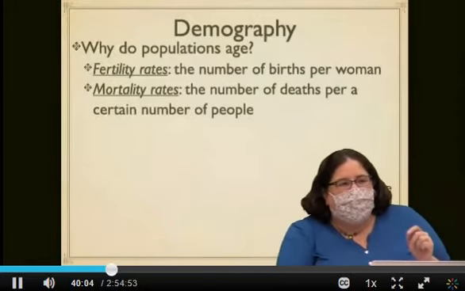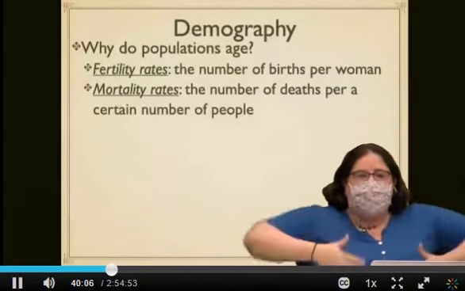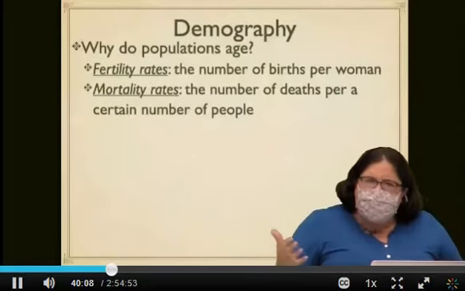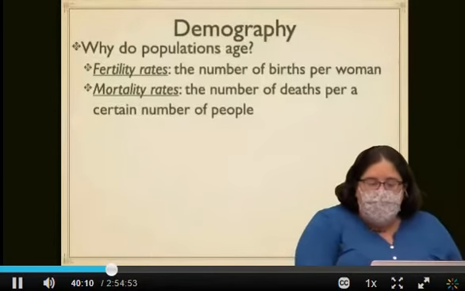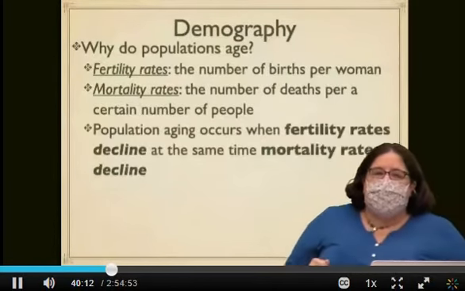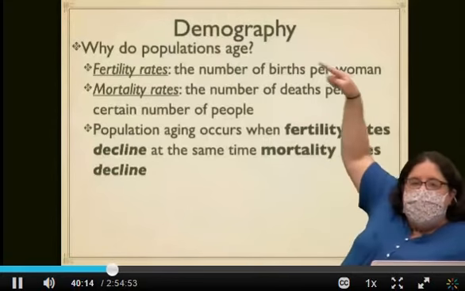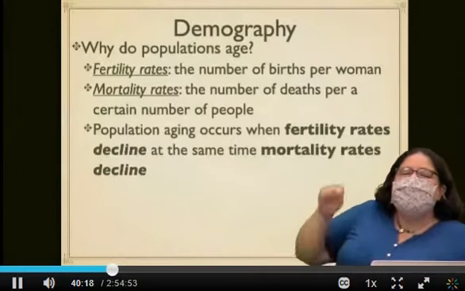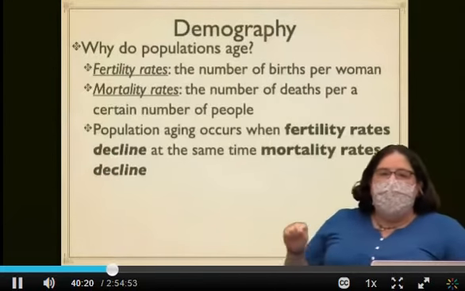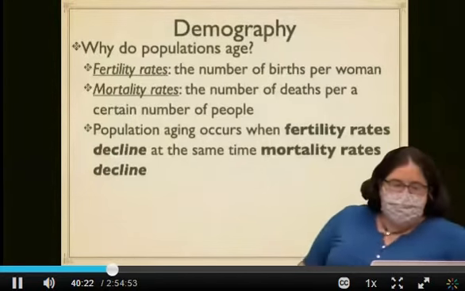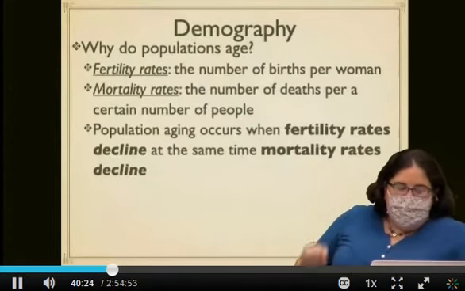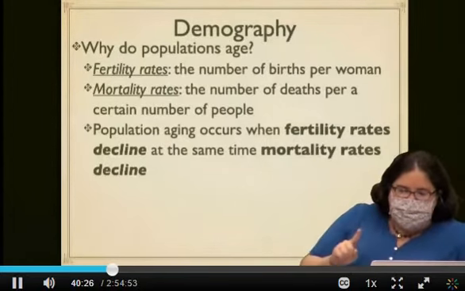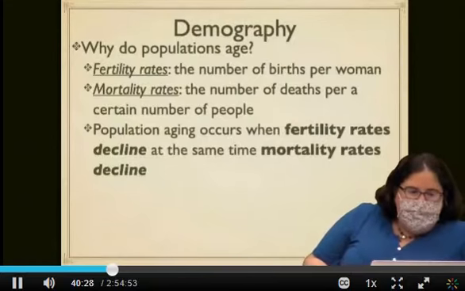Population aging, though, so we're not just talking about the population, we're talking about how the population gets older as a whole. Population aging occurs when the fertility rates go down at the same time that mortality rates go down. And I'll give you a second because the logic there always takes me a second to calculate, right?